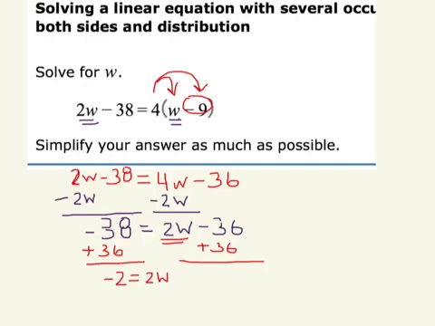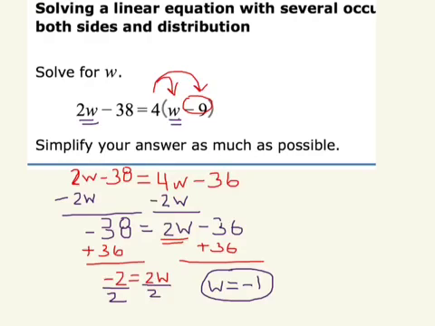And now I'm going to finish this off. If W is being multiplied by 2, I'm going to divide both sides by 2. Final answer, W is equal to negative 1.